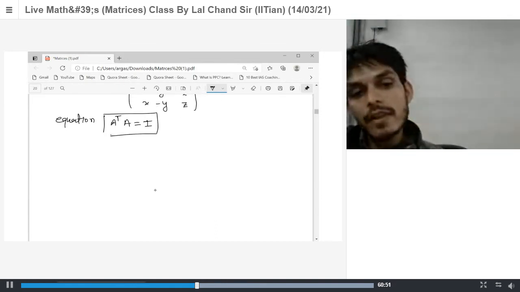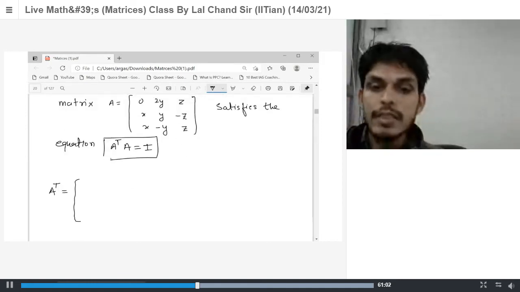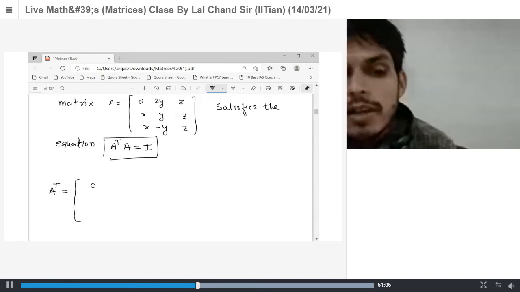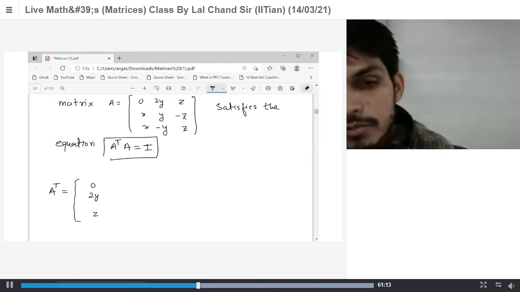So first I find out A transpose. What will be the value of A transpose? This is 0, and this is equal to 2y, and this is equal to z, because rows are converted into columns.